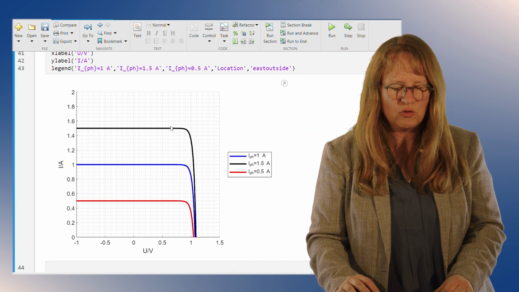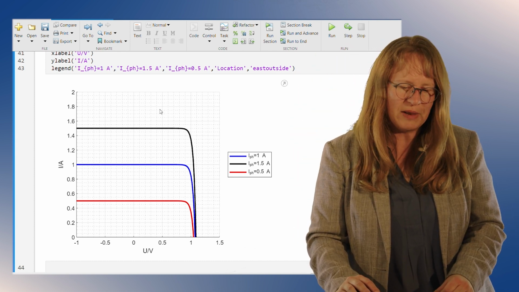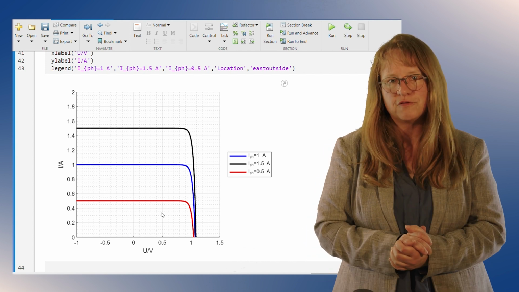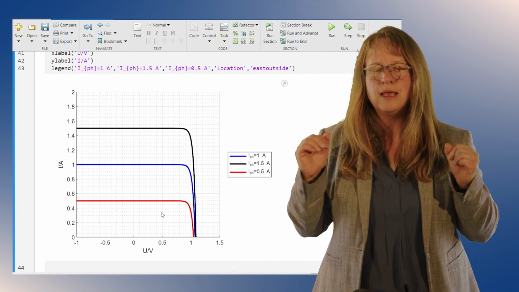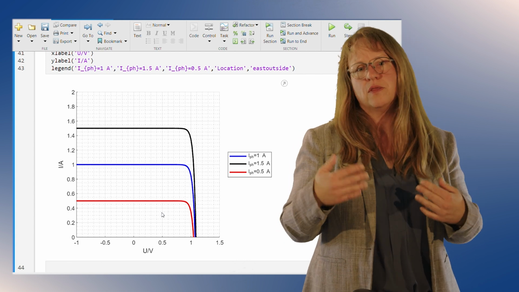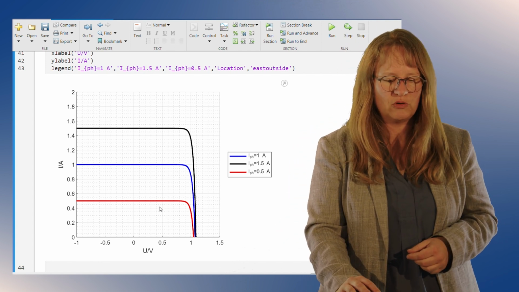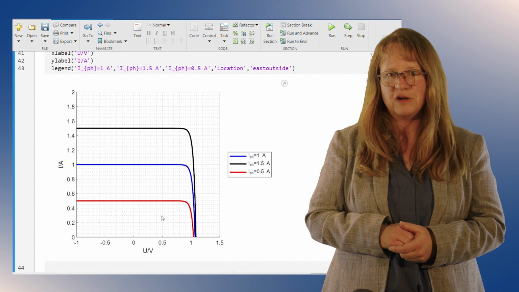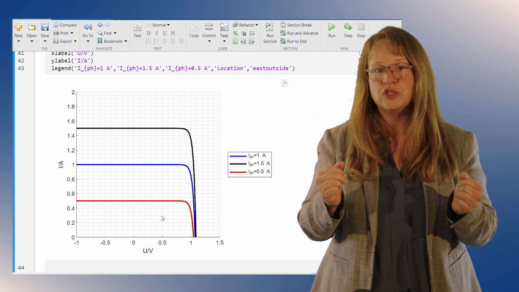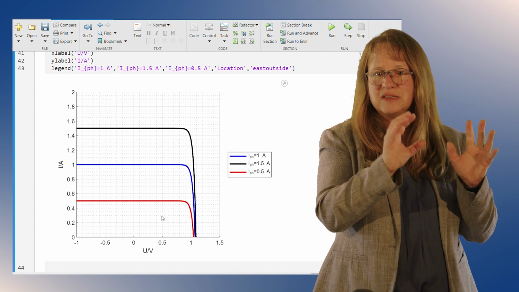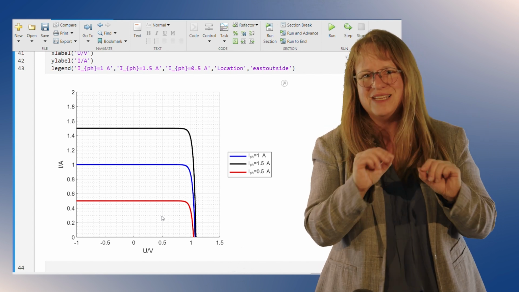So depending on the illumination condition, we will have a different IV curve. So the IV curve is not a constant for a solar cell, but the IV curve depends on the illumination condition. So for different illumination conditions, we have different IV curves that are mainly shifted up and down, but they can actually also change in shape, because this is a very simplified, the very easiest model.